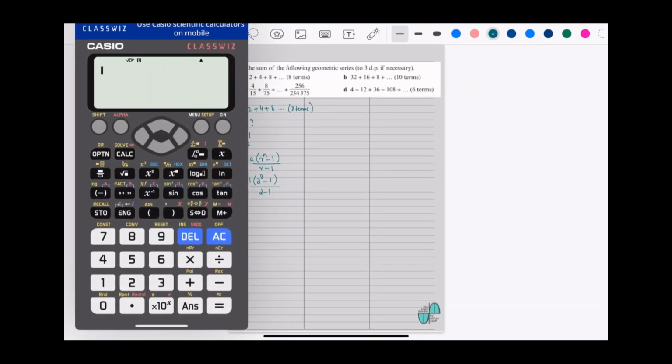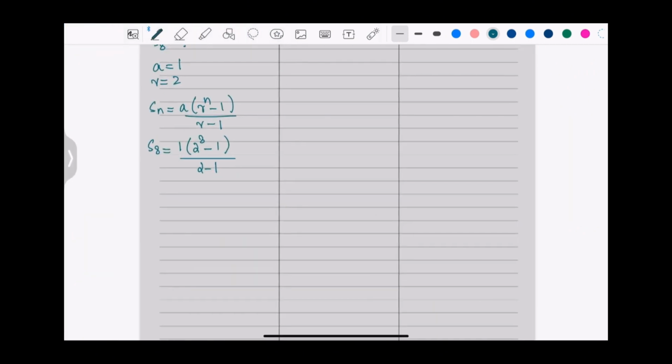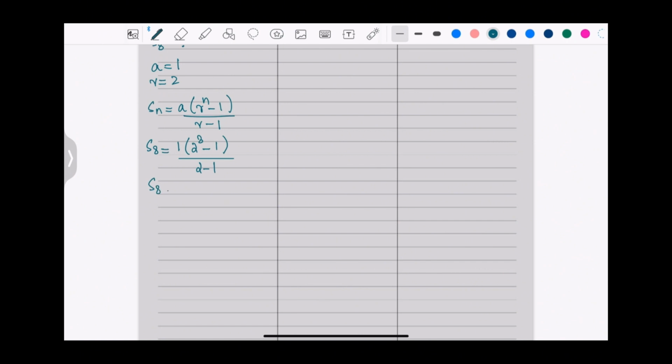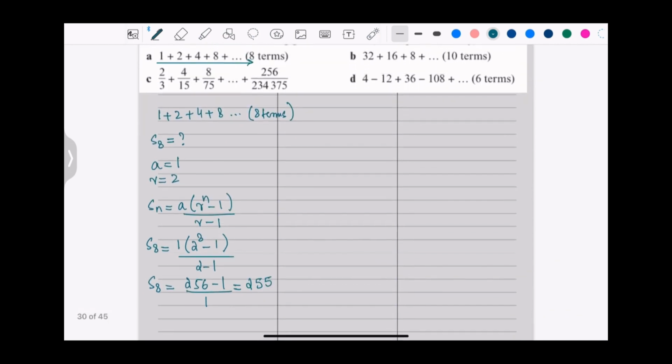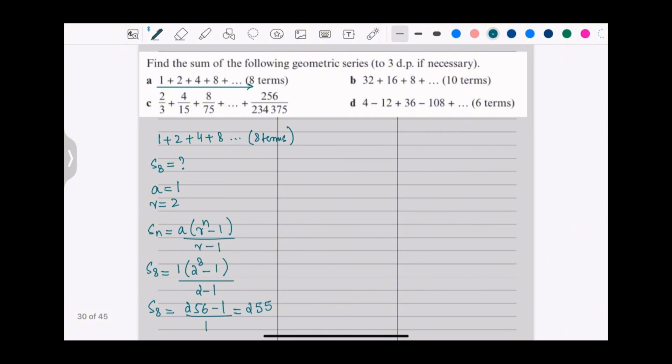Just to check. Yep. So S8 is equal to 256 minus 1 over 1, which is equal to 255. So if I add these first 8 terms, I'll see that the sum of those numbers is going to be 255.